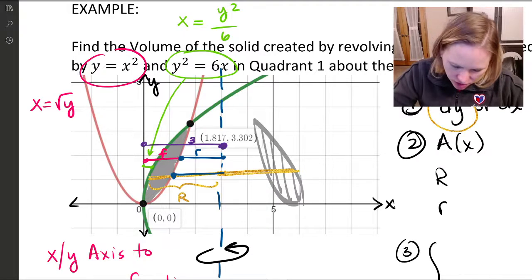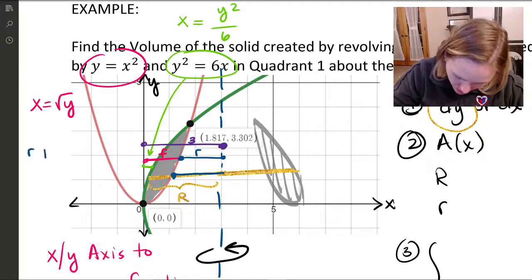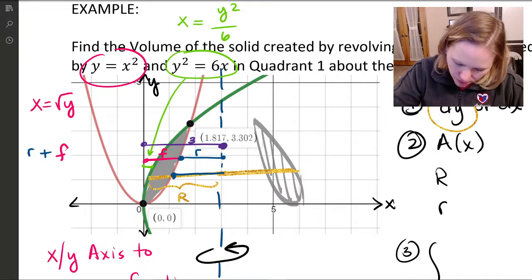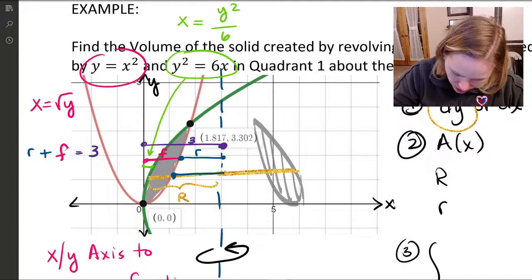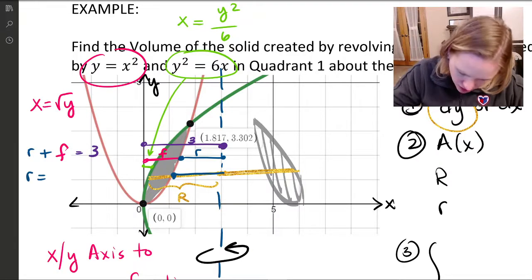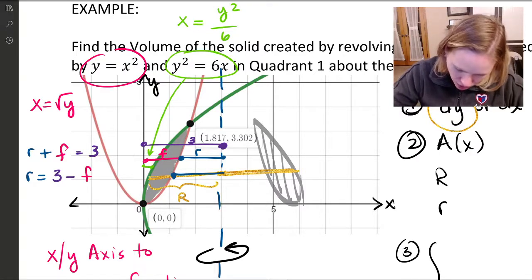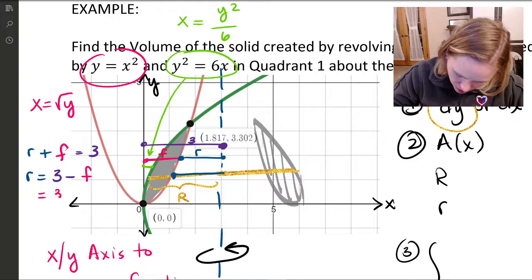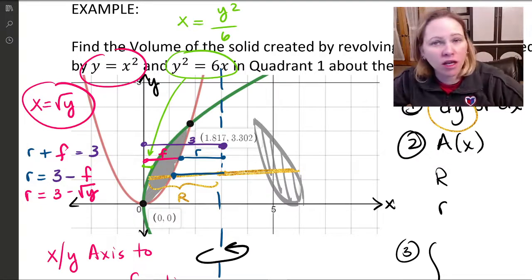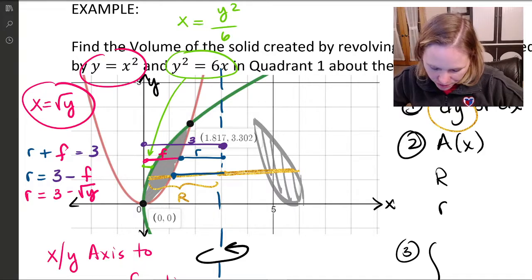So take note, little r plus the pink function will make 3, which means little r is 3 minus the pink function, or 3 minus that square root of y, because this is my pink function. So you guys, I just determined what little r is using line segments and piecing my graph together.